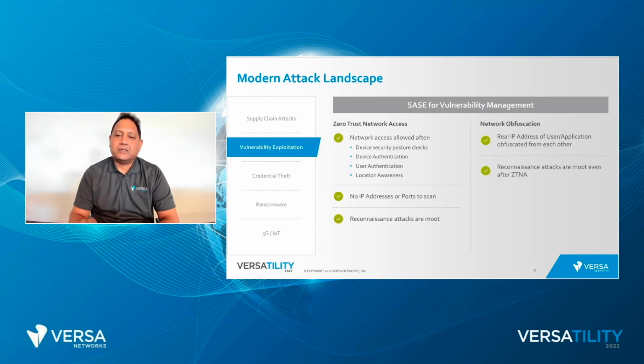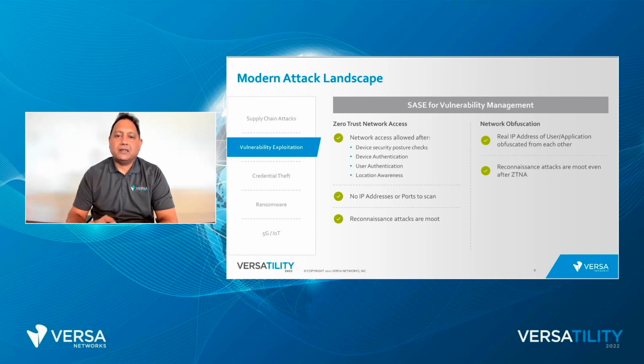When the user tries to access a resource, we provide a private IP address that is not the actual IP address of the application, right? Then when the user tries to communicate with that IP address to reach that application, we look at the policies for that zero trust network access, and only if that access is allowed, we connect to the application and bridge the two connections.